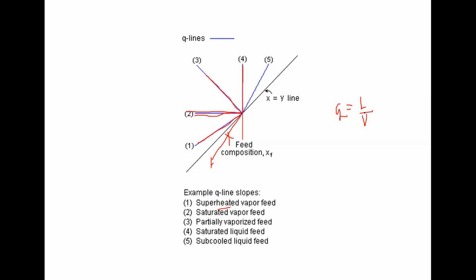Am I right? The composition of Q is the fraction of the liquid in your feed, right? So Q is L over F. Once you get the saturated liquid, then the Q will be 1 over 0, right?